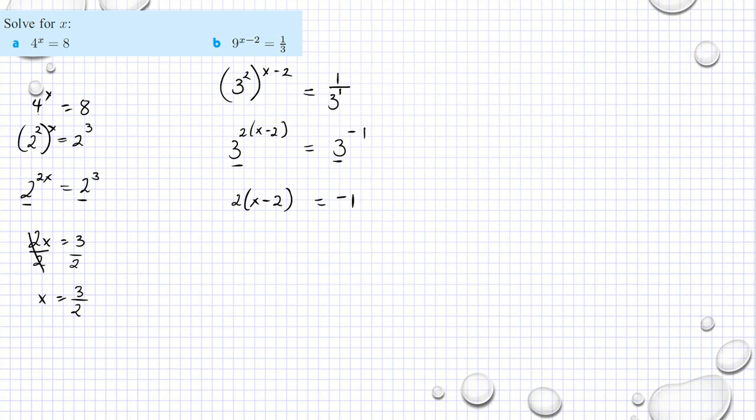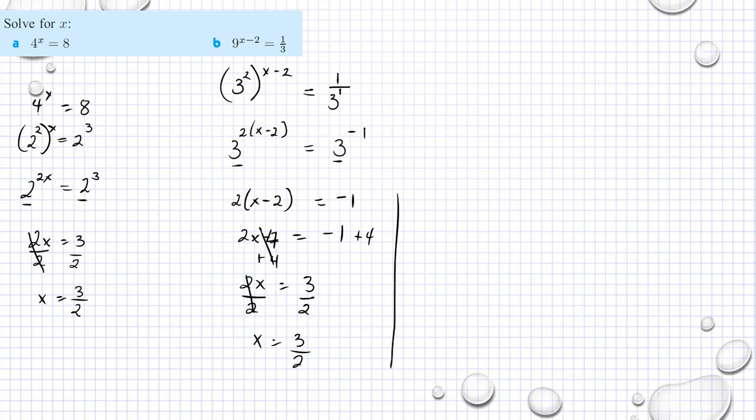We have the same base already. Either you multiply or you divide, it doesn't matter. I will show you both. I will multiply first. That is 2x minus 4 is equal to negative 1. Plus 4 there, plus 4. Then this is 2x is equal to 3. And then divide by 2 again, then we have x is equal to 3/2. The same there. Can we do that with another solution?